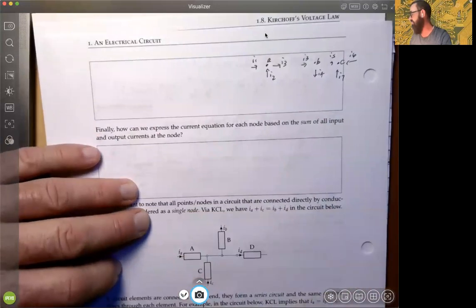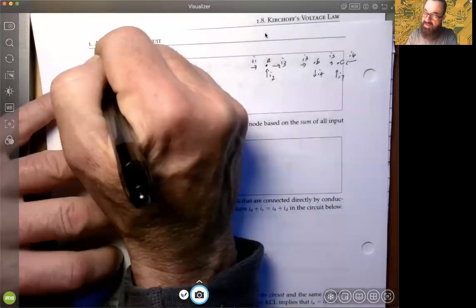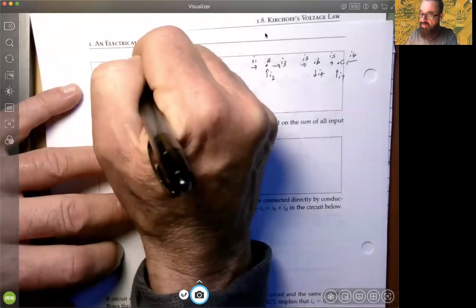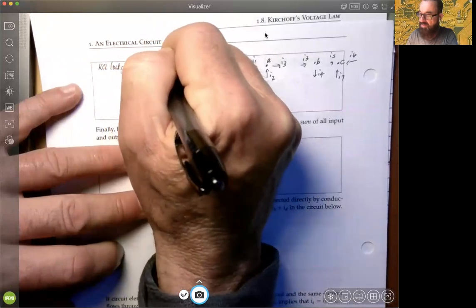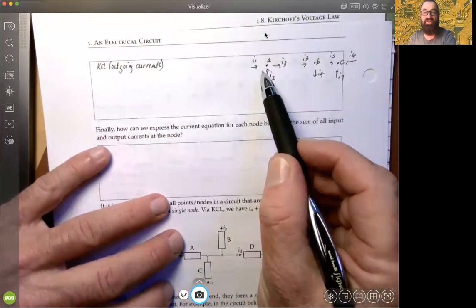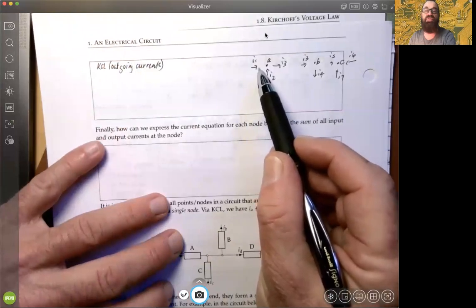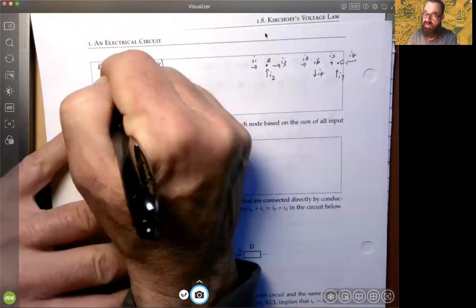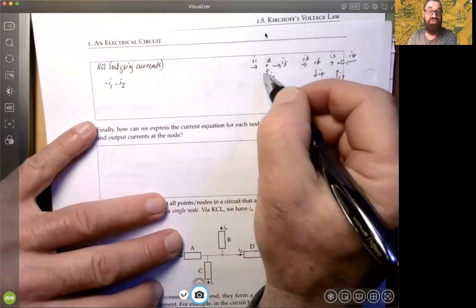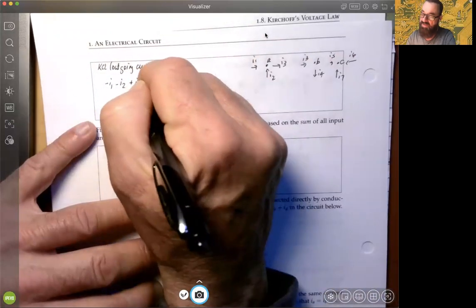Now we're going to represent KCL from the perspective of outgoing currents. If we're only looking at outgoing currents and summing them equal to 0, then to represent the first current we need minus I1, followed by minus I2 because the reference direction is toward the node. And I3 is in fact an outgoing current, so plus I3 equals 0.